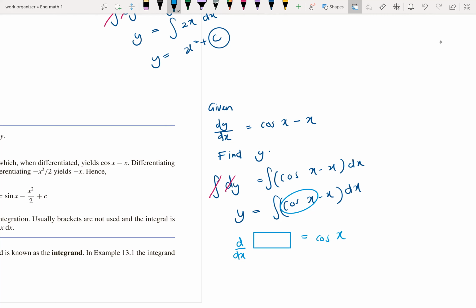It will be sin x. This is the answer that we want to find in the box.